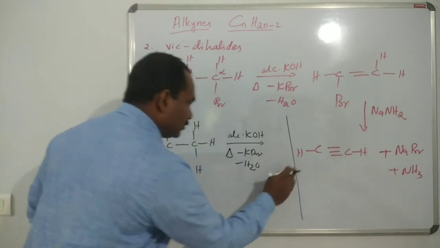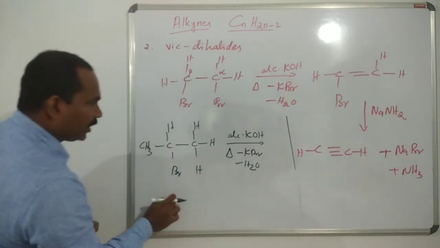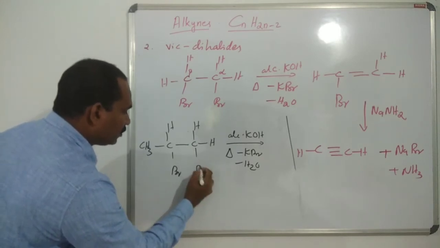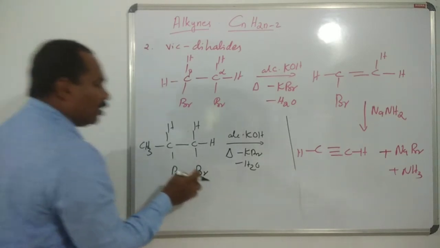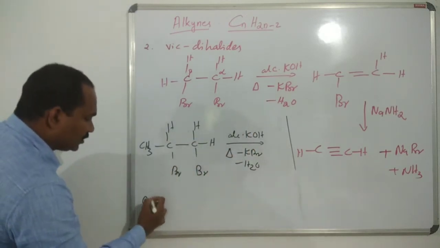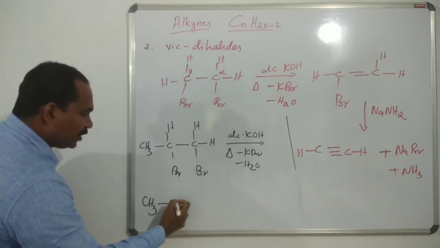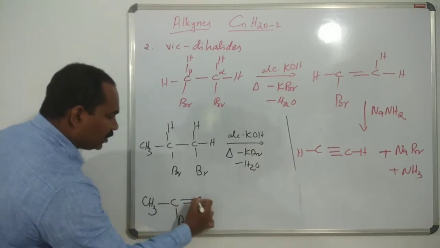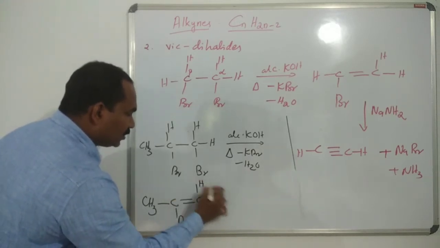Here it is a dihalide. One of the bromines is taken by potassium. Then we get CH3 CBr double bond C H.